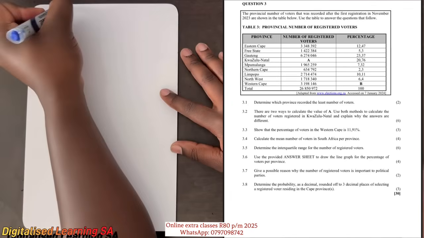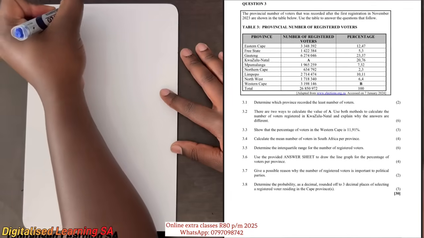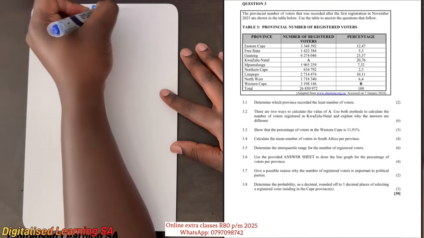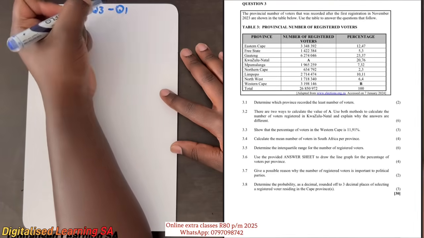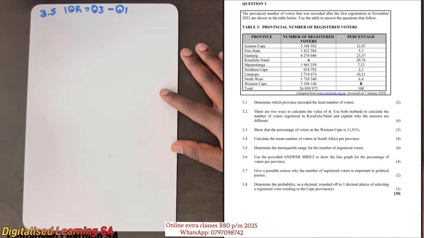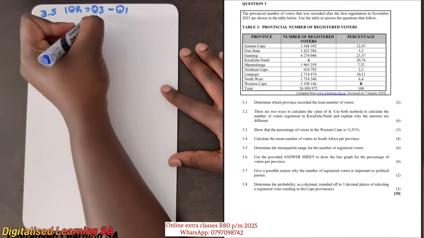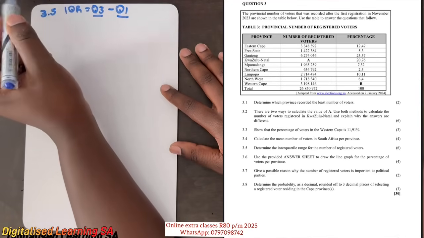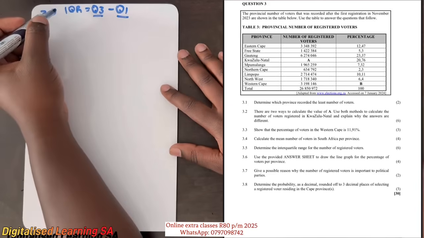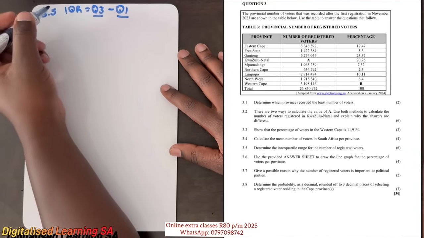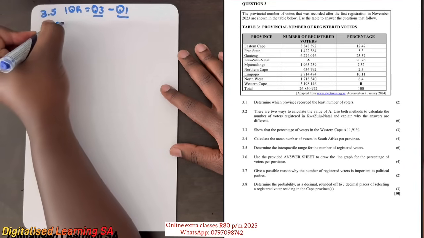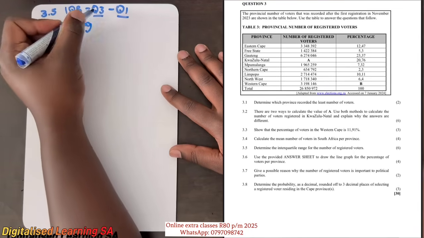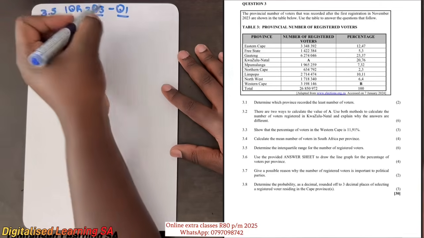Remember that the interquartile range is equal to Q3 minus Q1. But how do we get Q3 and Q1? First we need to arrange our data, the number of registered voters, in ascending order to be able to define Q1 and Q3.